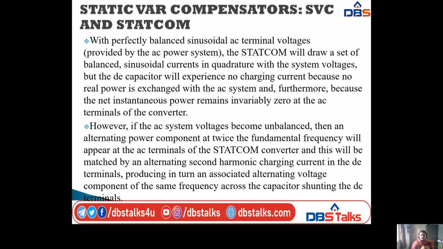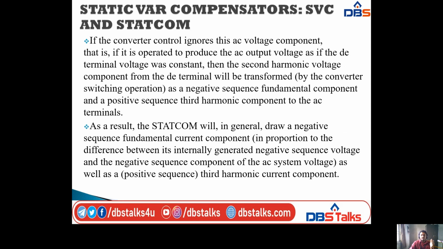So like this we are taking the operation exchangeable powers. If the converter control ignores this AC voltage component, that is, if it is operated to produce the AC output voltage as if the DC terminal voltage was constant, then the second harmonic voltage component from the DC terminal will be transferred as a negative sequence fundamental component and a positive sequence third harmonic component to the AC terminals.